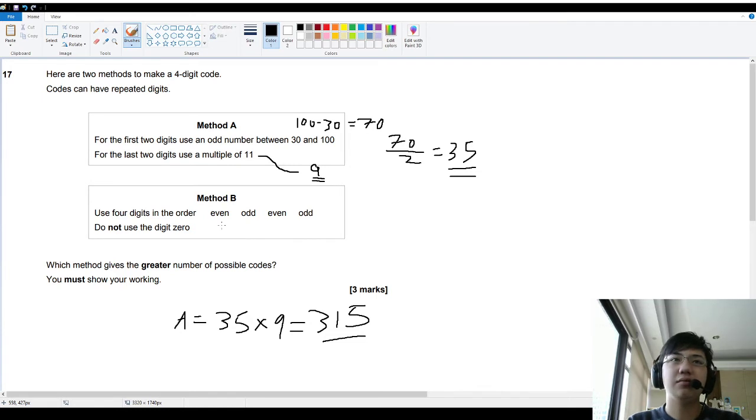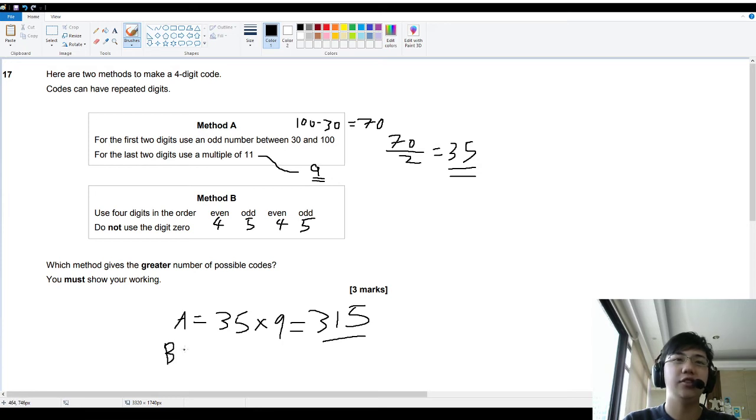For method B, the number of non-zero even numbers that are 1 digit: there are only 4 of those: 2, 4, 6, and 8. Well, there are 5 odd numbers between 1 and 9. So 1, 3, 5, 7, 9. So 4 even numbers, 5 odd numbers. So this is the number of possible digits you can use.